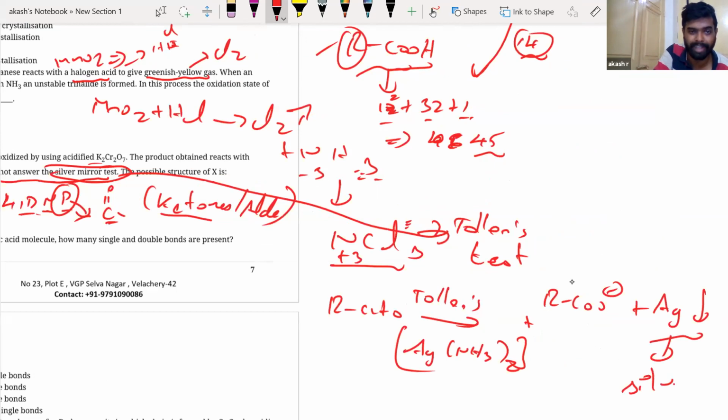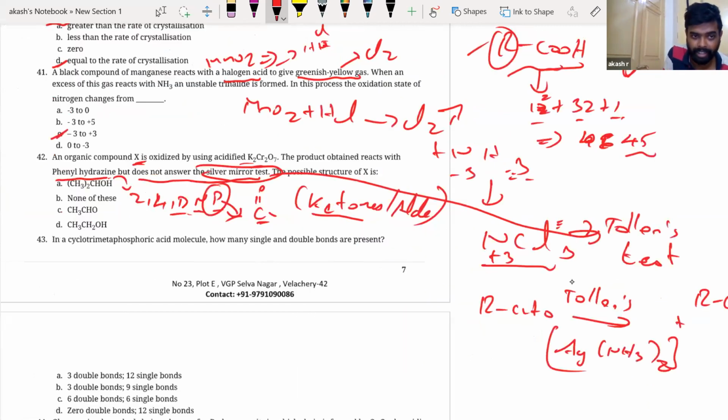The possible structure of X is, now please understand people, X is getting oxidized by K2Cr2O7, so it can form either an aldehyde or a ketone. It does answer phenylhydrazine, that means there is an aldehyde or a ketone, but it does not answer silver mirror test, means it does not answer Tollens test. So definitely the compound formed should be a ketone. Only then it will not answer Tollens, but it will answer 2,4 DNP.